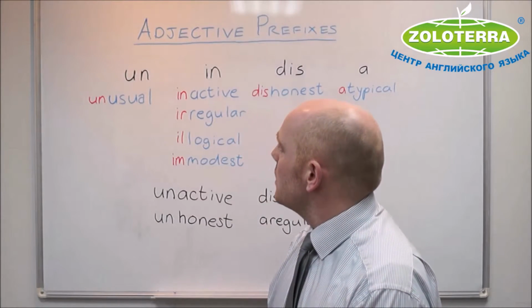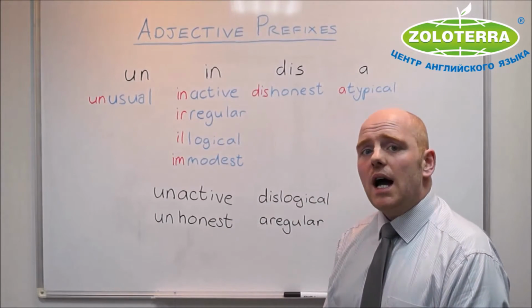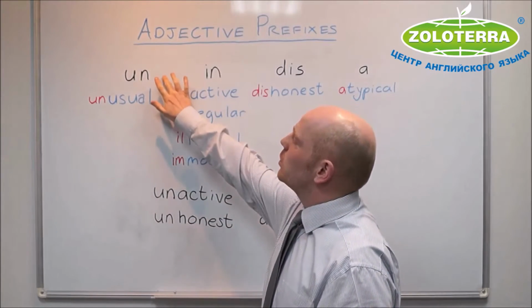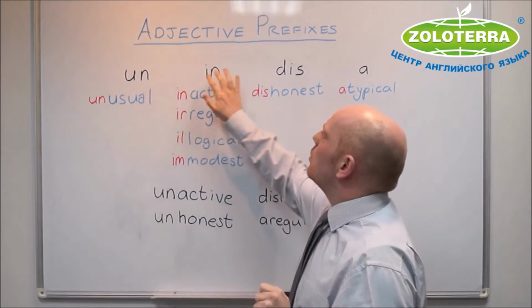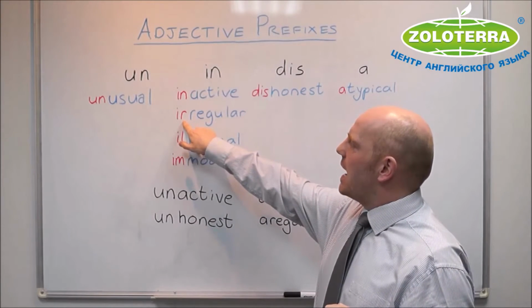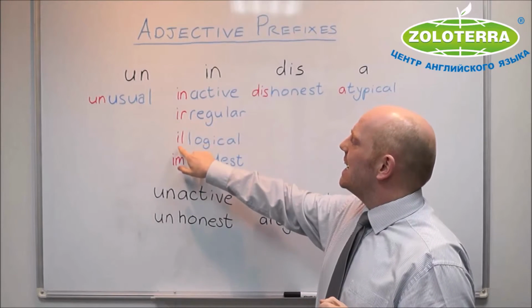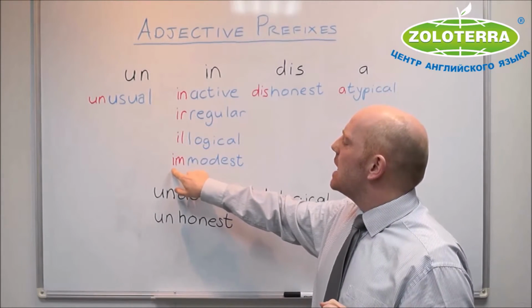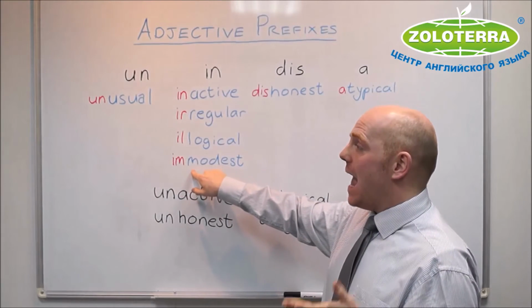So, to sum up, we have 4 adjective prefixes in English to make negatives. We have un, which is the most common. We also have in, which becomes ir before r, il before l, and im before m.